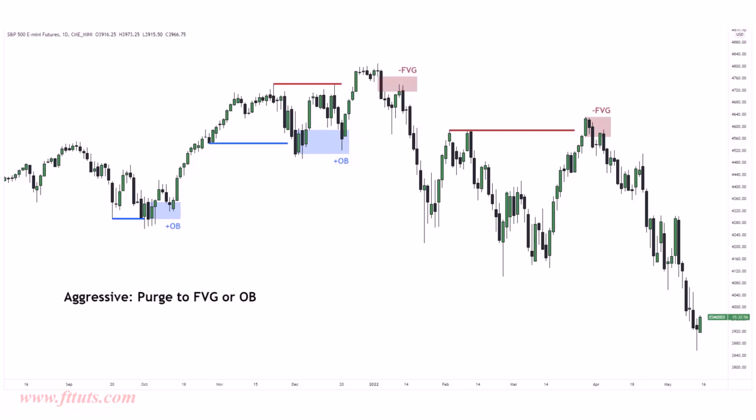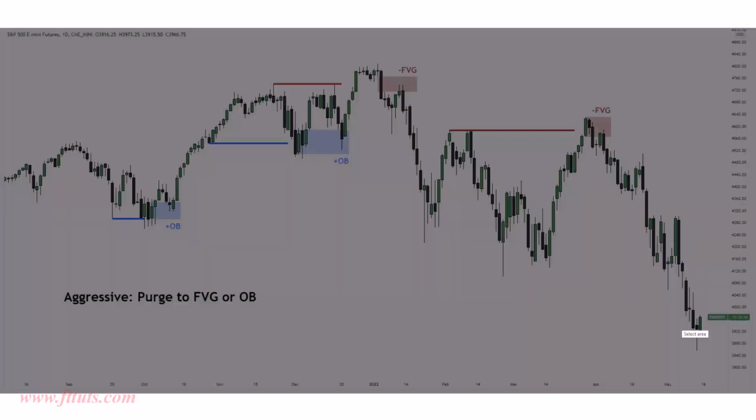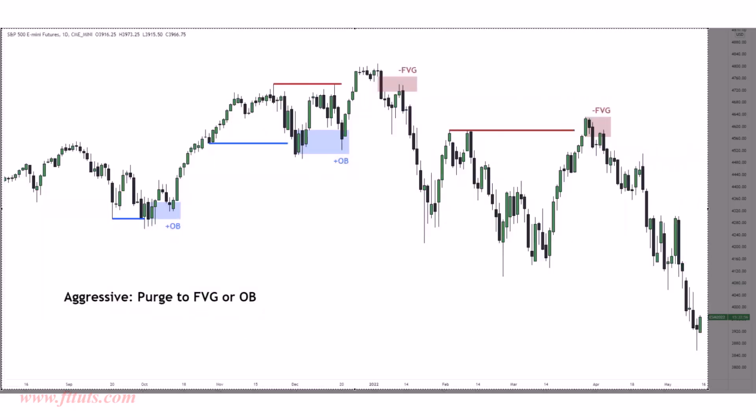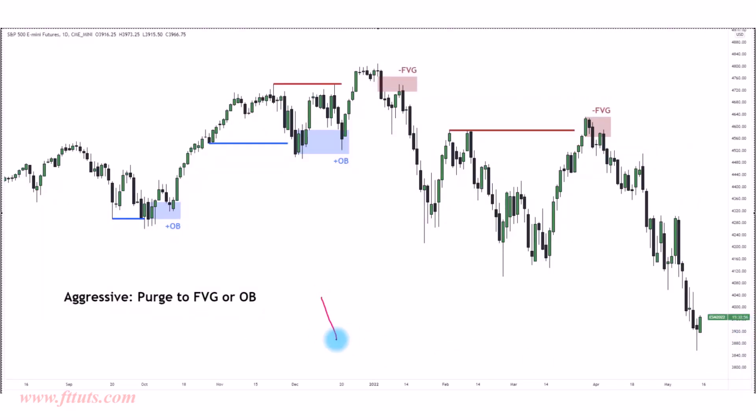So an aggressive confirmation is as soon as price takes out a low, like this, you can start looking for an order block without the break in market structure. Here we have a low to an order block.